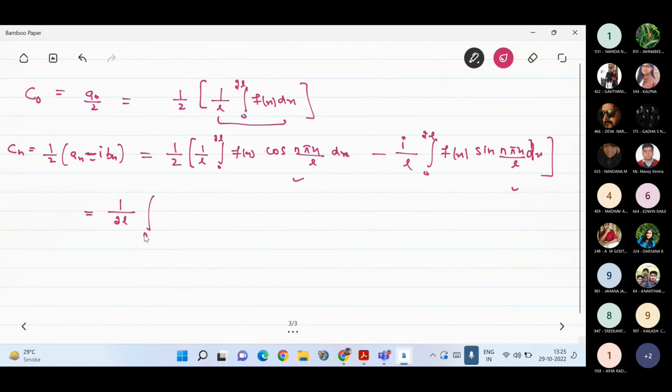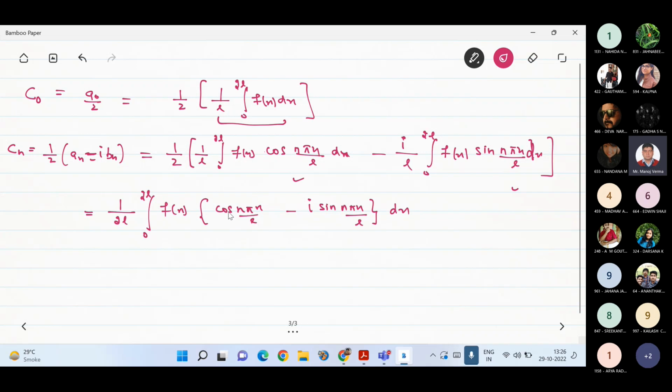And from 0 to 2L, f(x) and cos(nπx/L) minus iota sin(nπx/L) dx. As the integration limits are the same, I can club these two integrals.